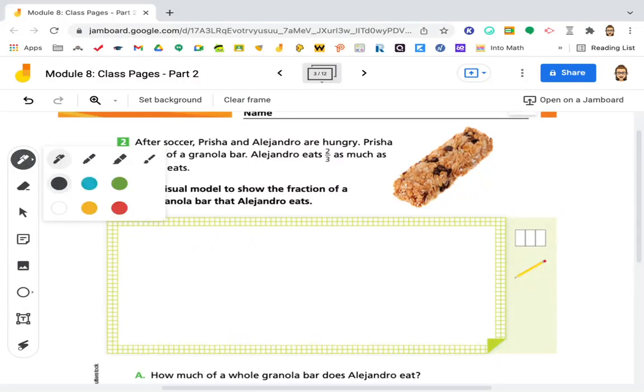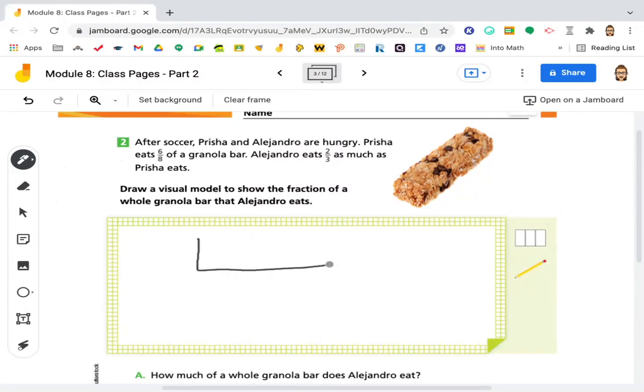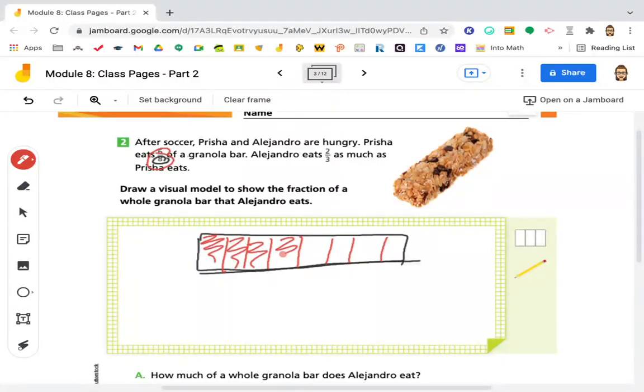So we are going to start by drawing the whole granola bar. Okay. Prisha eats 6/8. So the 6/8 means we are going to split it into 8s. And she does 6/8 of those. So 1, 2, 3, 4, 5, 6.